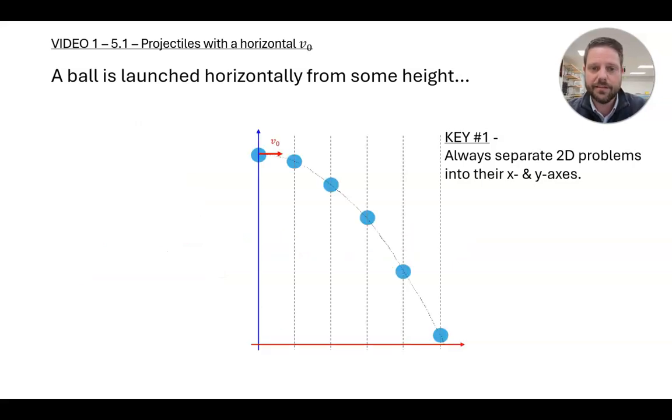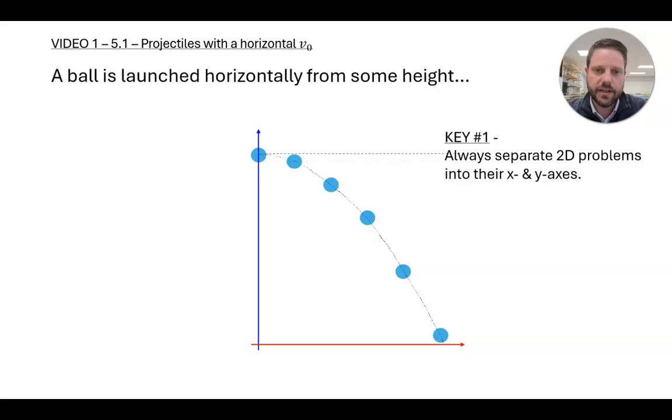If we were to track that same logic but look at the vertical motion, then we can get rid of the horizontal, and let's take a look at what's happening as it falls vertically. You can see that it's starting from rest, because we didn't launch it up or down, it was launched horizontally. So vertically, it wasn't launched with any initial velocity.